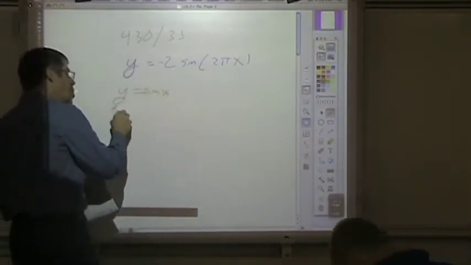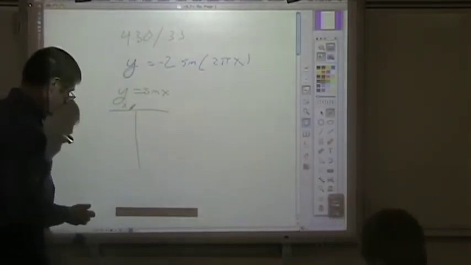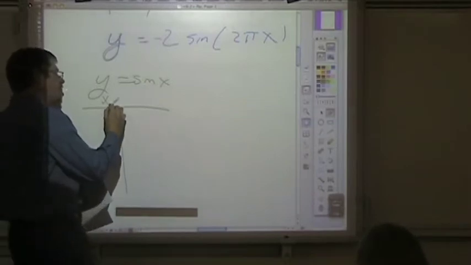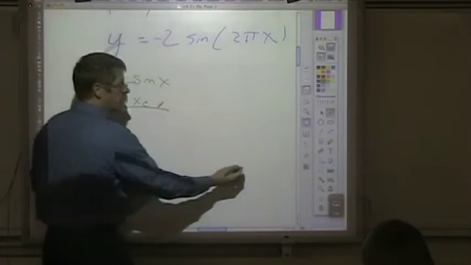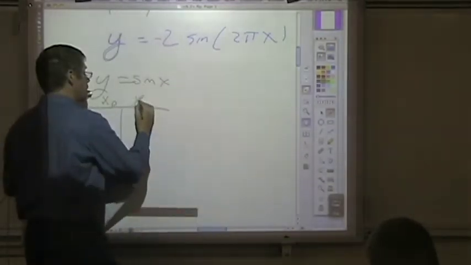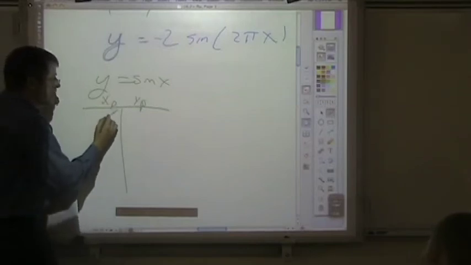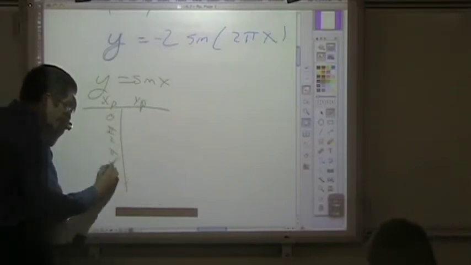And on Friday, we learned that this parent function, y equals sine x, has 5 key points: x parent, y parent, and the x parent values are 0, pi over 2, pi, 3 pi over 2, and 2 pi.